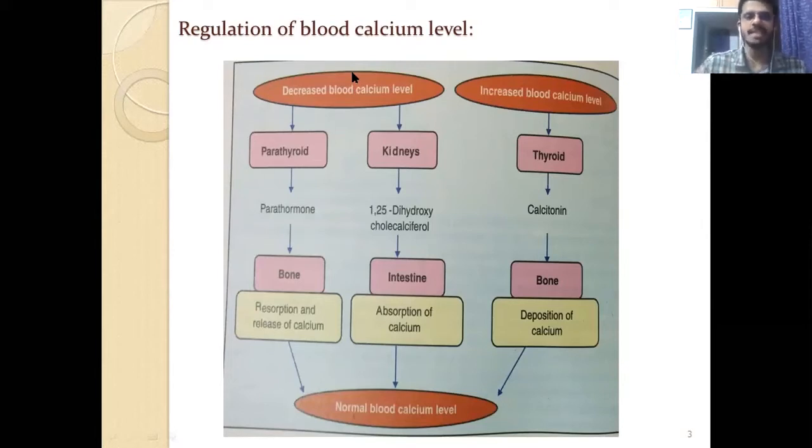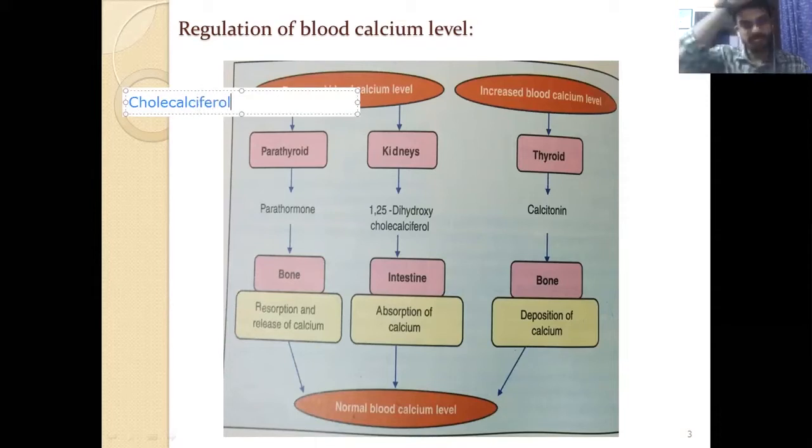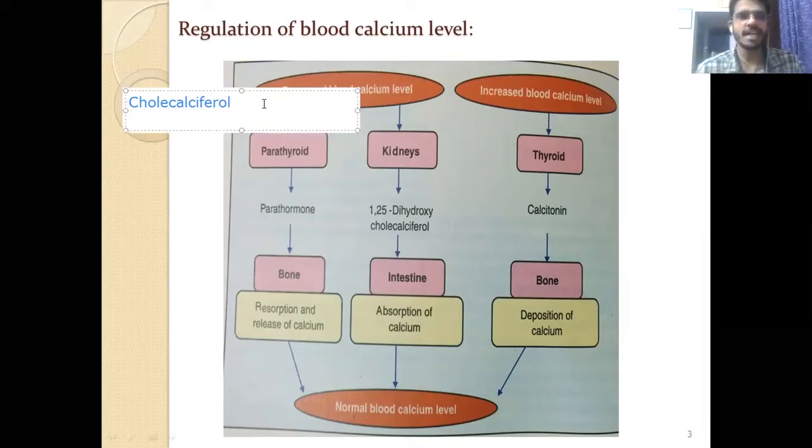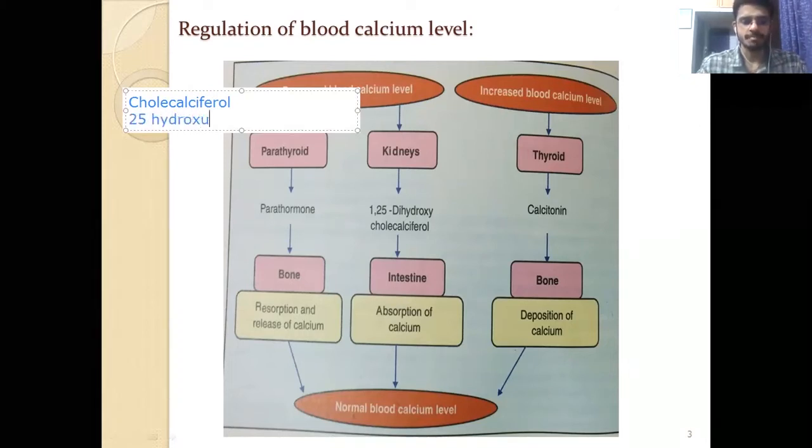In the skin, it is found in an inactive form called cholecalciferol. This cholecalciferol is converted in the liver into 25 hydroxycholecalciferol.